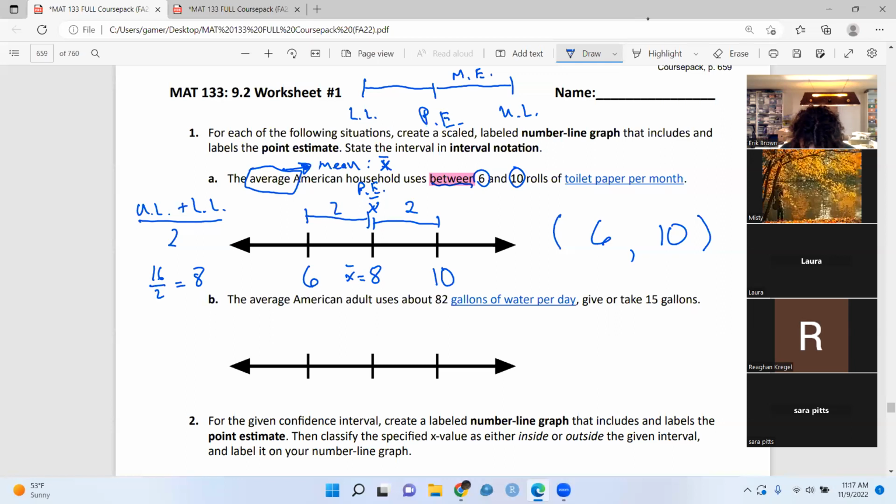That's what we plug into that one sentence about the confidence levels. Yes. Really, the sentence is above us, right? You started with the sentence. So this is telling us that the true mean number of toilet paper rolls used per month by an American household is somewhere between 6 and 10.